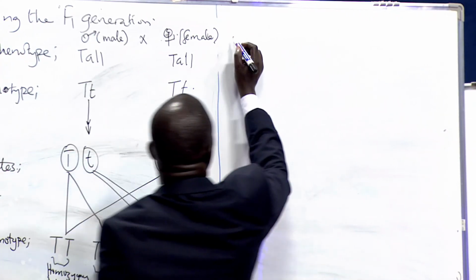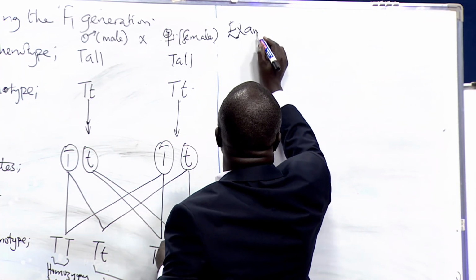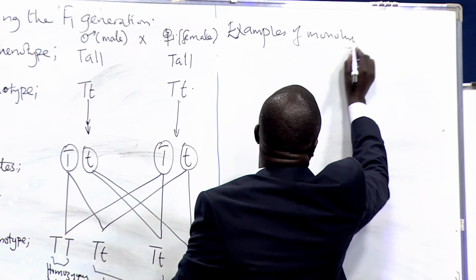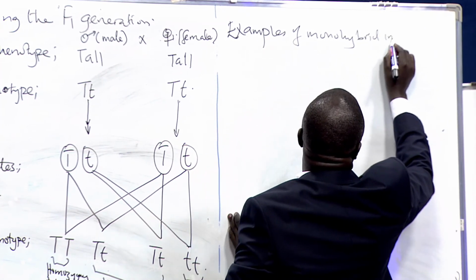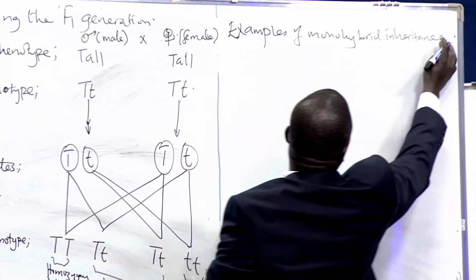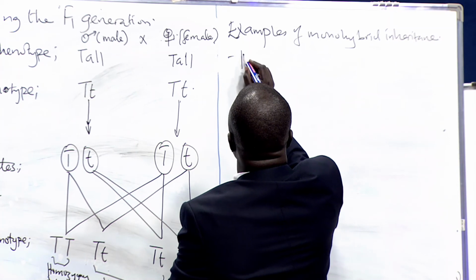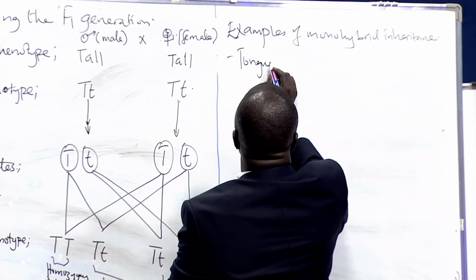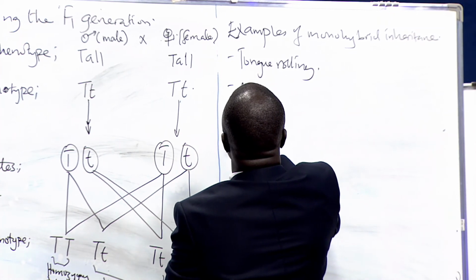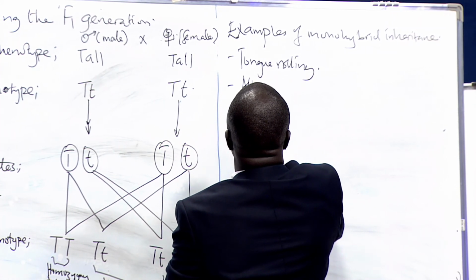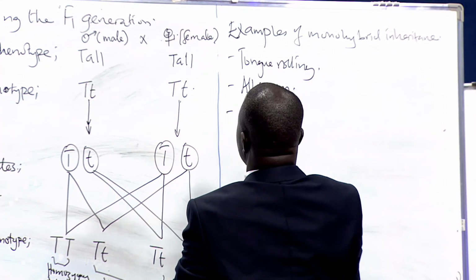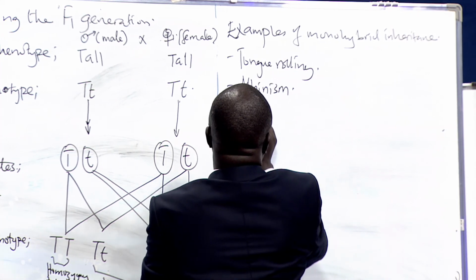So examples of monohybrid inheritance: one is tongue rolling, two we have albinism, and achondroplastic dwarfism.